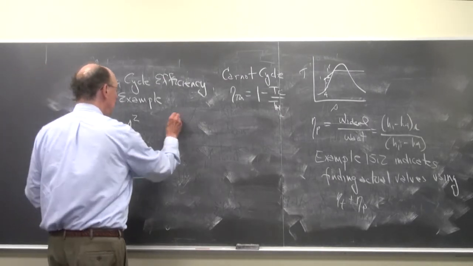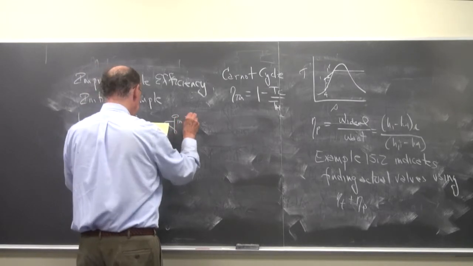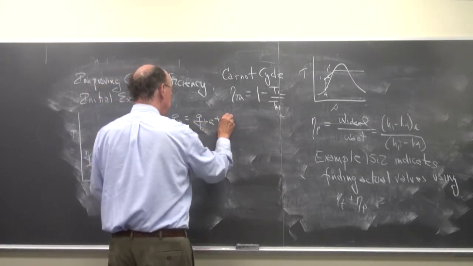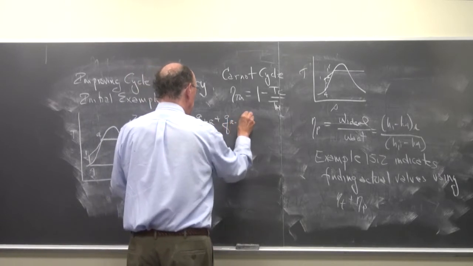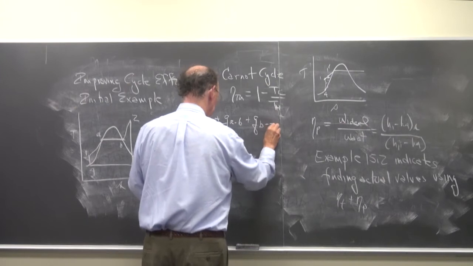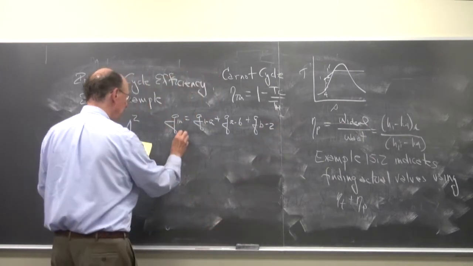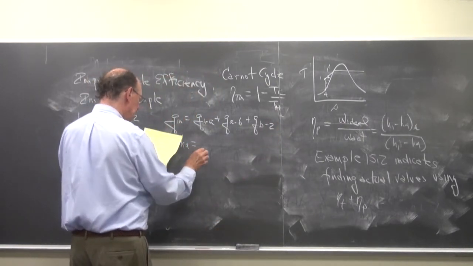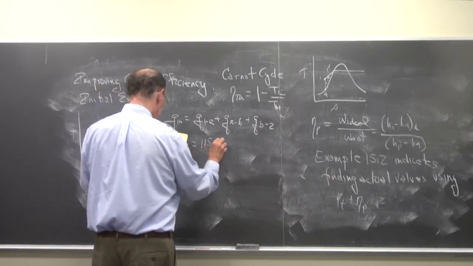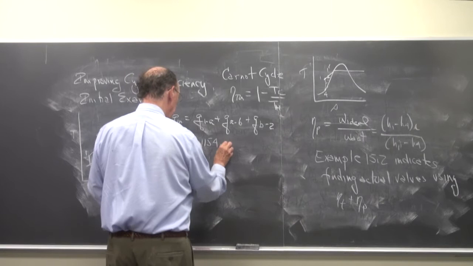So Qn is equal to Q1A plus QAB plus QB2. And HA is equal to H sub F at that pressure, 1154.5.